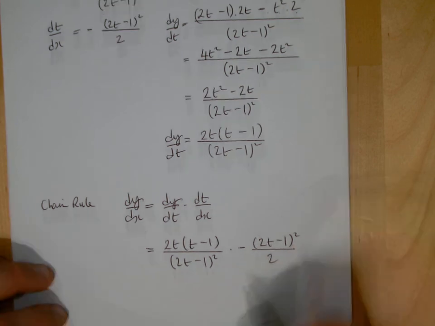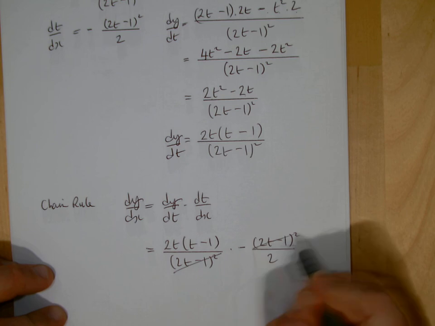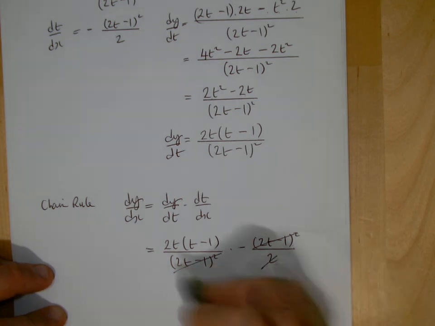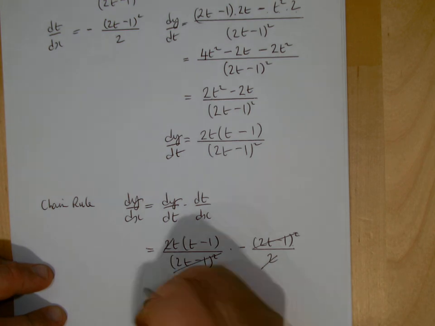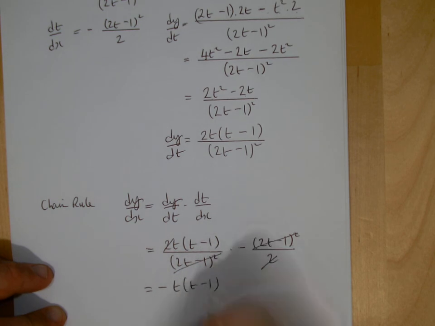So then what you'll notice nicely is you've got 2t minus 1 all squared on the bottom will cancel with the 2t minus 1 squared on top, and the 2 on the bottom here will cancel with that 2 there. Okay, so I'm left with then that minus, we can go at the front, t bracket t minus 1.